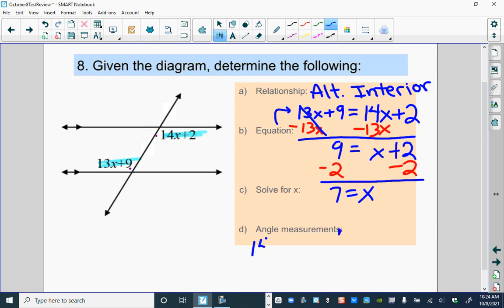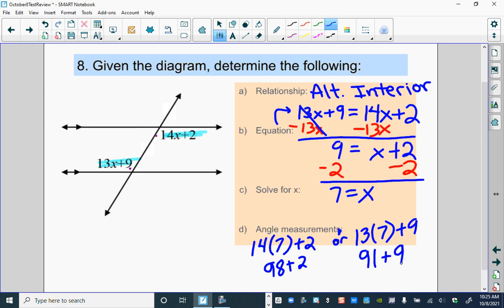Let me see. So you do either 14 times 7 plus 2 or 13 times 7 plus 9. 98 plus 2 or 91 plus 9.